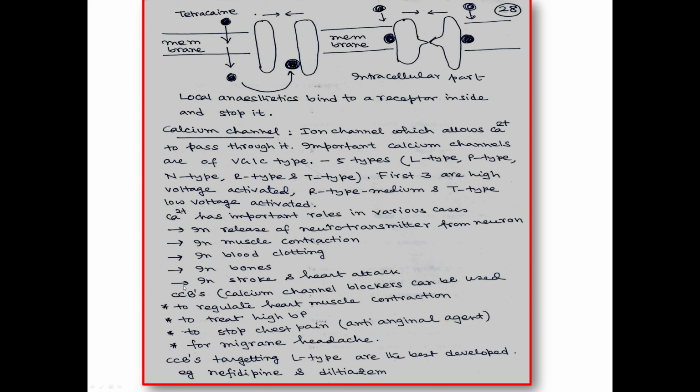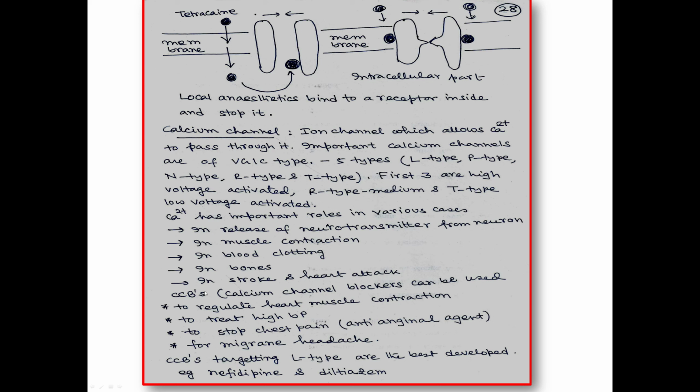Now we will discuss the calcium channel blocker. CCB means calcium channel antagonist. Like the previous case, where we discussed tetracaine targeting the voltage gated sodium ion channel, now we will consider the calcium ion channel blockers, which can be used to regulate heart muscle contraction, to treat high BP, to solve the angina problem, meaning chest pain, and for migraine headache.